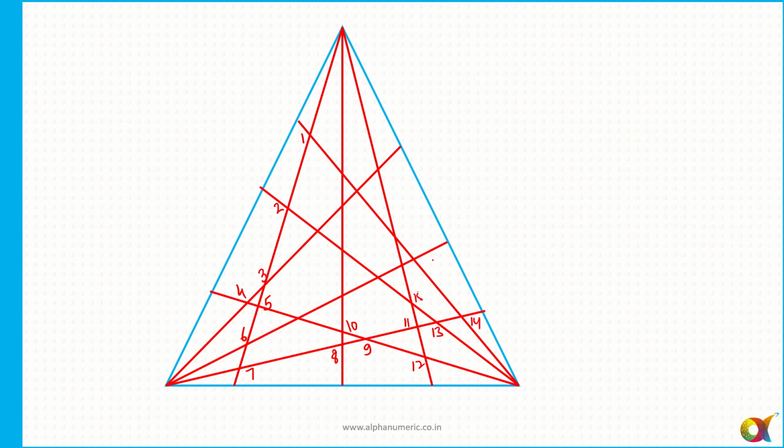This is 15, 16, 17, 18, 19, 20, 21. Then 22, 23, 24, 25, 26, and this is 27. So if you observe here, there are a total of 27 points of intersection. But if I ask you to draw 4 lines from each of the vertices or 5 lines, then of course we cannot do the counting here.